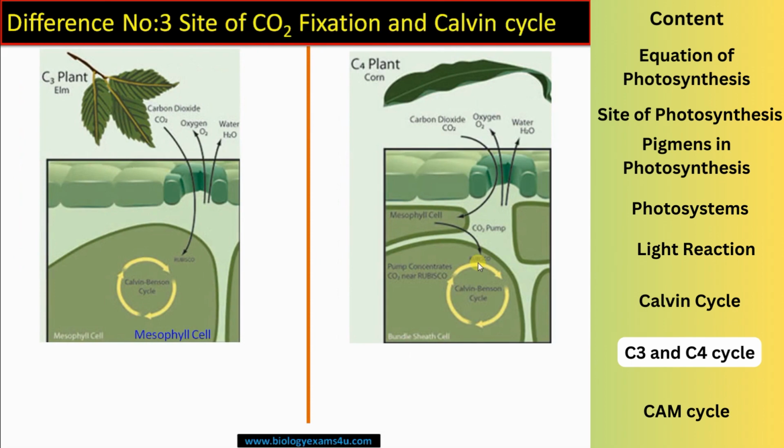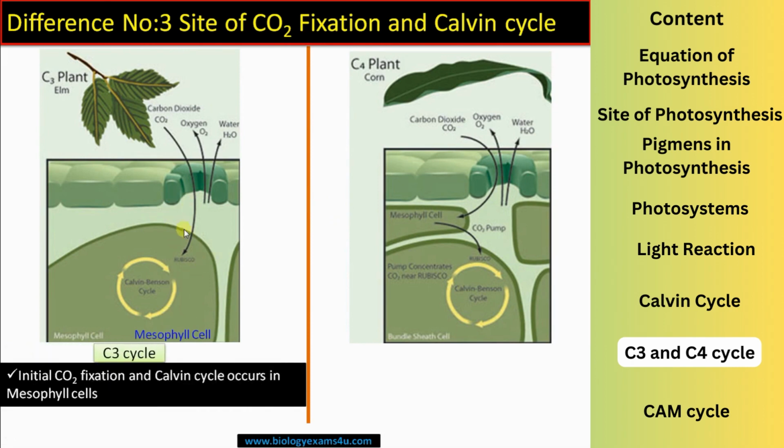Now moving into difference number 3, that is the site of carbon dioxide fixation and Calvin cycle. In the C3 cycle, initial carbon dioxide fixation and Calvin cycle, everything occurs inside the mesophyll cells. You can see carbon dioxide entering, oxygen moving out, and water also released by transpiration.